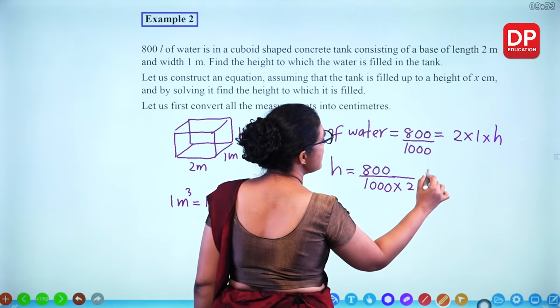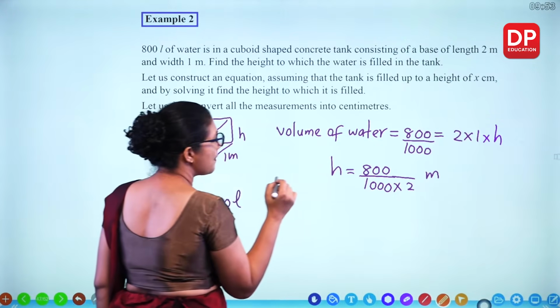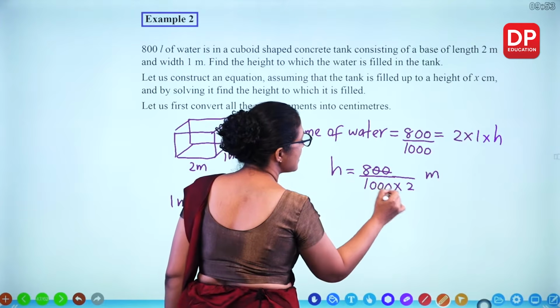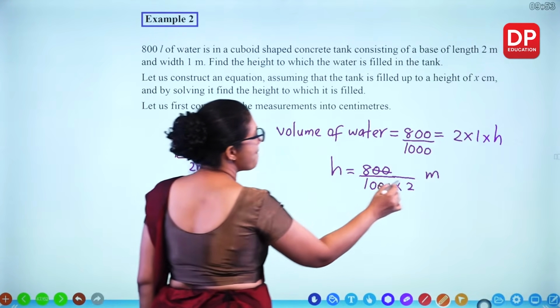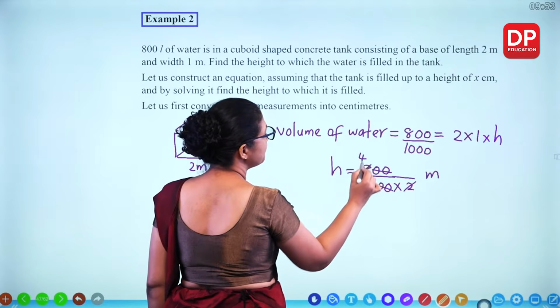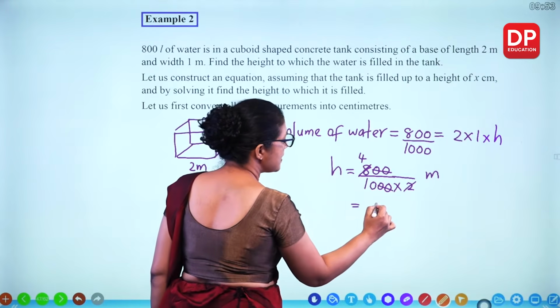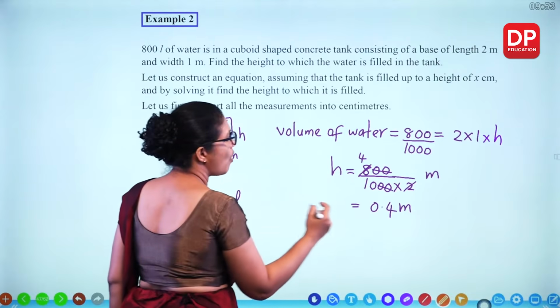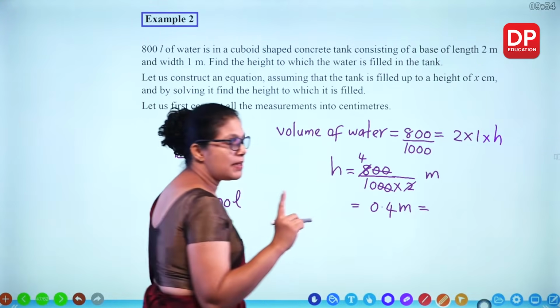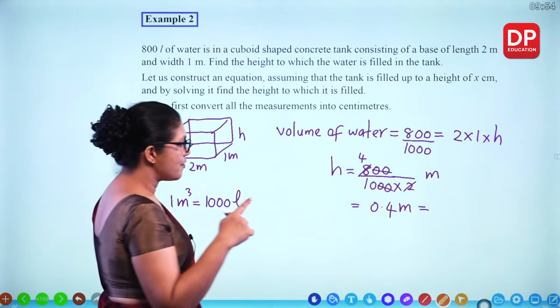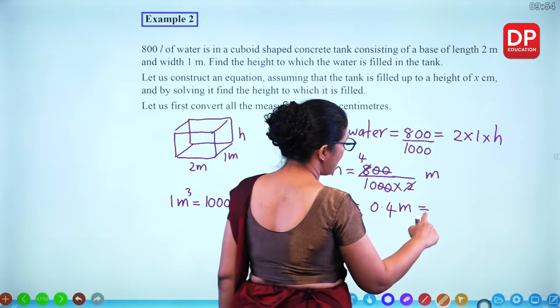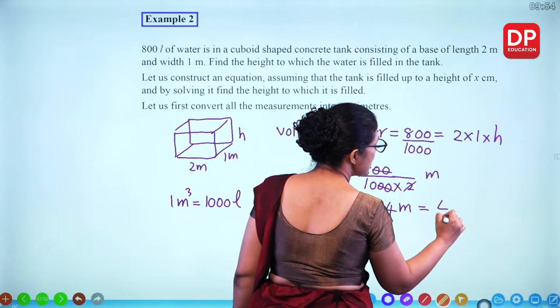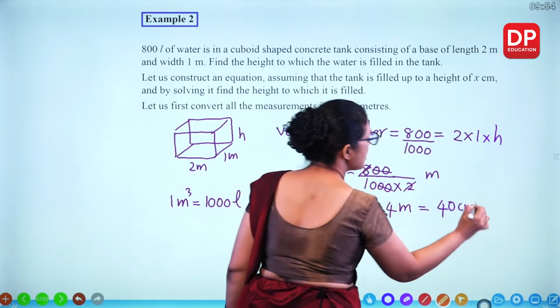So this is in meters. 2 zeros get cancelled out. 2 times 4. 4 divided by 10 means 0.4 meters height, or you can convert to centimeters by multiplying by 100, you get 40 centimeters.